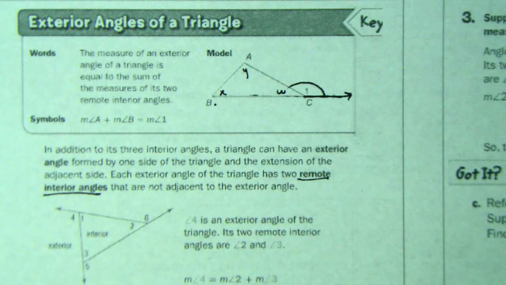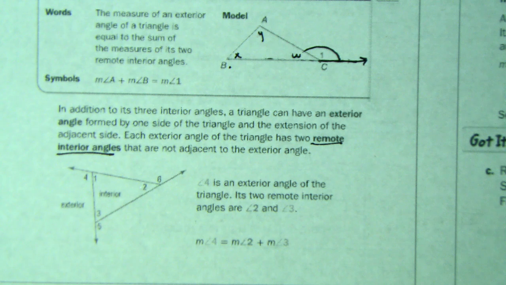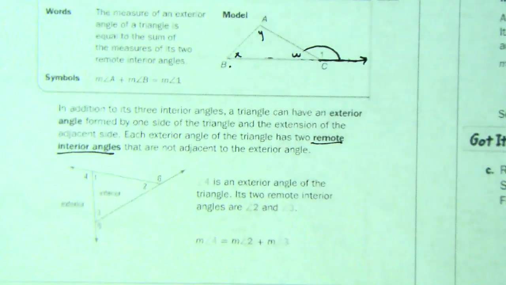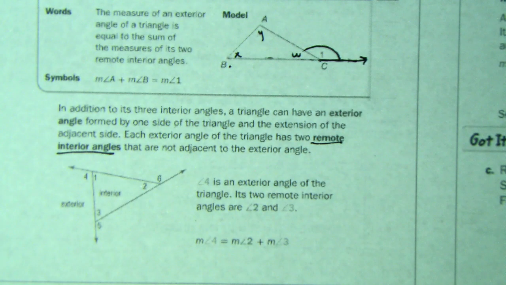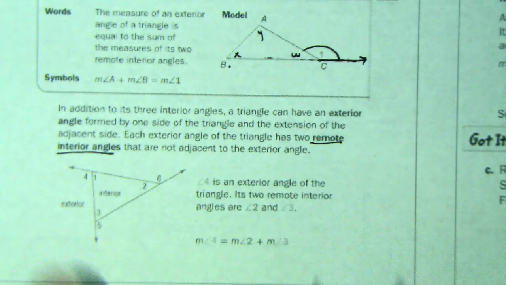So it's kind of cool. And the remote interior angles are always the two that are not touching it, right? This one doesn't count. I'm talking about the other two. And they are not adjacent to the exterior angle.